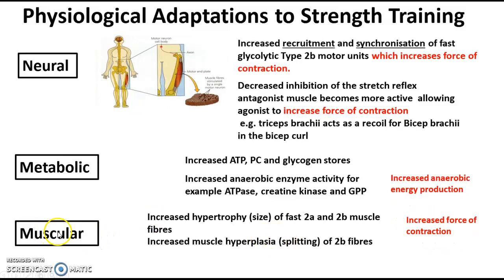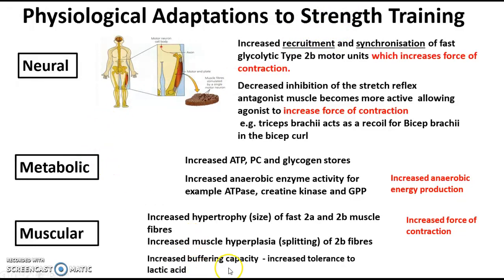And finally, there is one other muscular adaptation, and this basically refers to lactic acid. If you take part in lots of strength training, imagine the first time you do weight training, you might do a few reps and you start to get a burn in your muscle. That's lactic acid. If you do lots of strength training, it brings on an effect that is really helpful with regard to lactic acid removal.